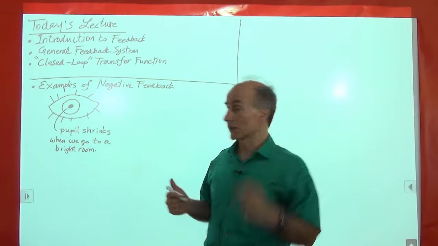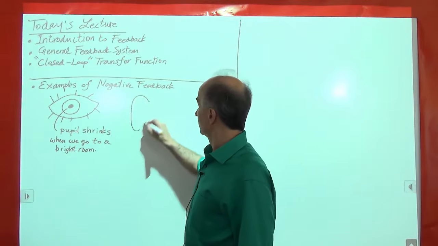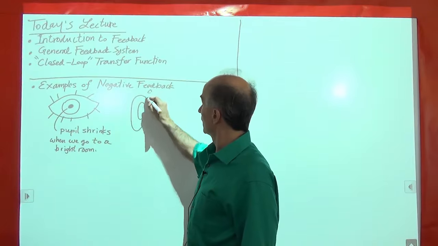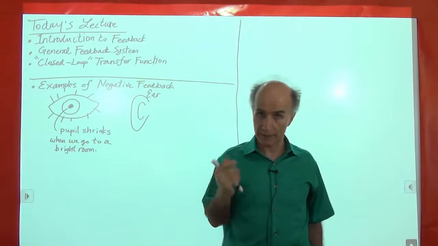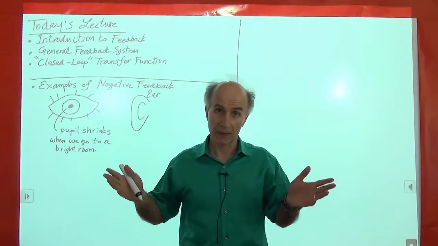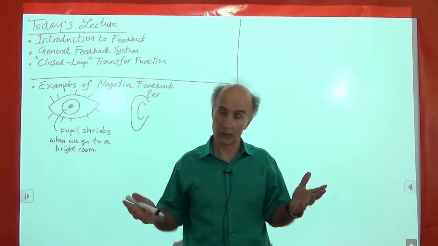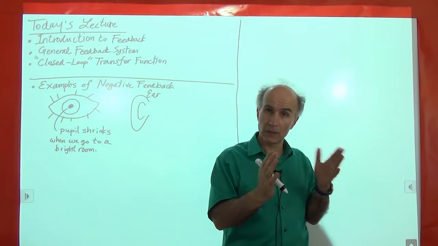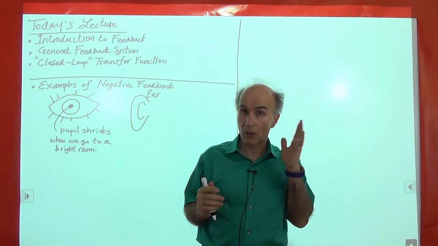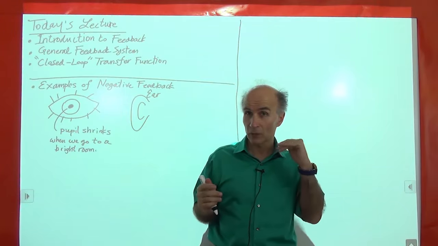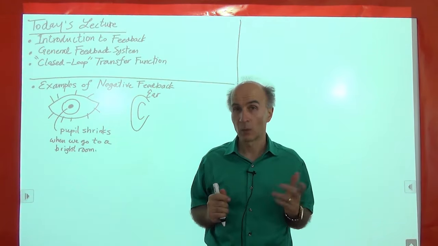Another one is our ear. You might have experienced this. If you go to a concert that has very loud music and you stay there for 1 or 2 hours, and then you leave the concert and you go to a quiet area, you feel like your ears are a little deaf. It's like you are a little hard of hearing. Why?